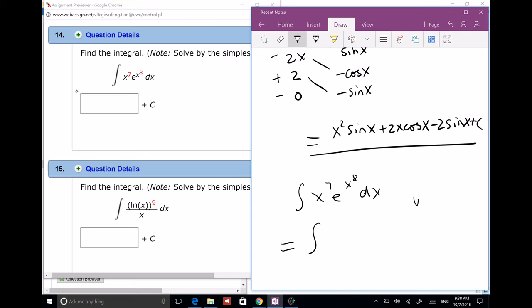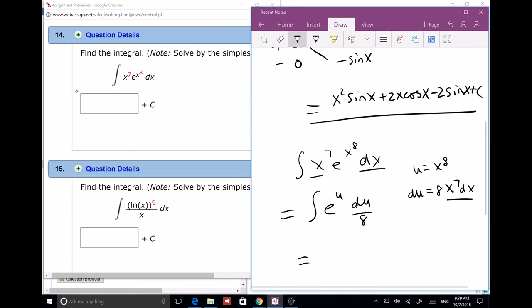You can do u equals x to the power 8 and du equals 8 x to the power 7 dx, and then you have e to the power u times x to the power 7 dx. You can just take that as du over 8. And the answer is just e to the power u itself. So e to the power x^8 divided by 8 plus c.